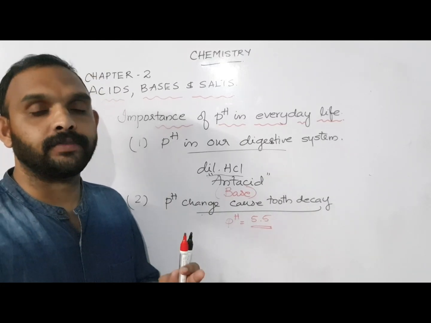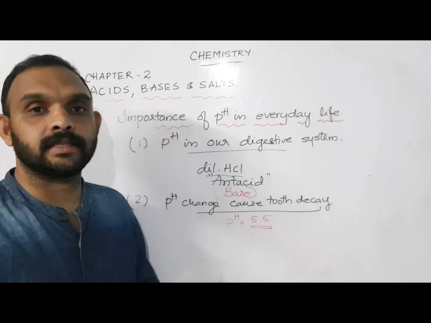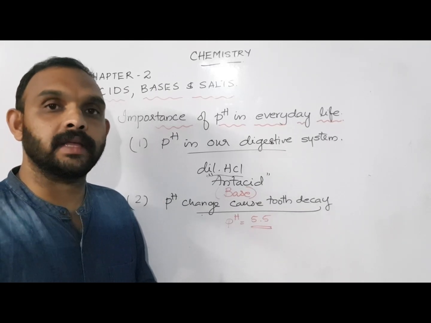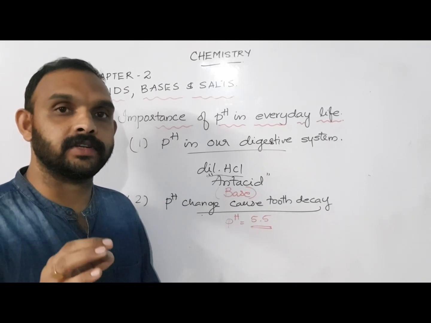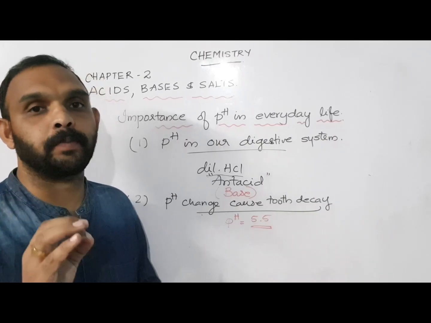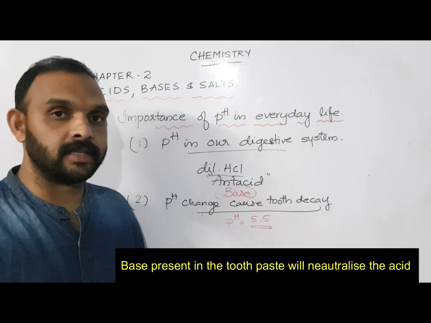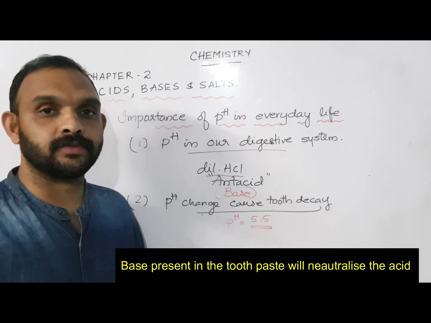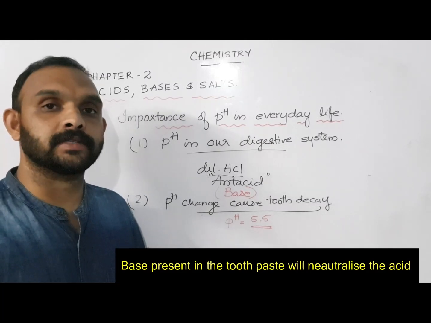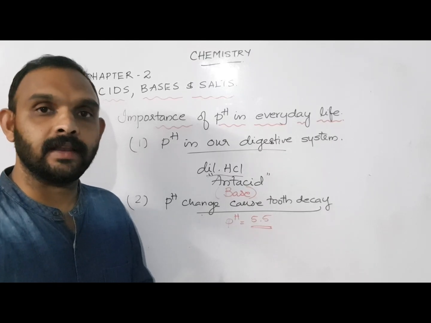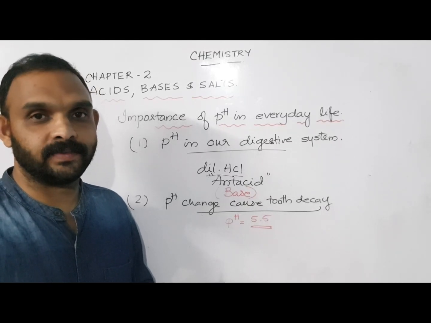So what you have to do at the beginning itself, the only remedy is that we have to brush our teeth with proper toothpaste. The base contained in the toothpaste will neutralize the presence of acid, so we will feel good.